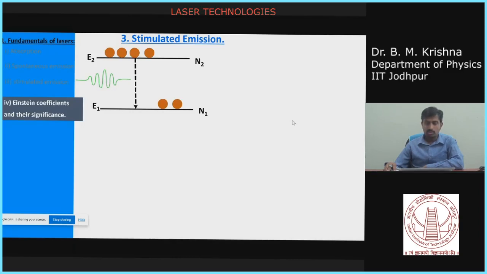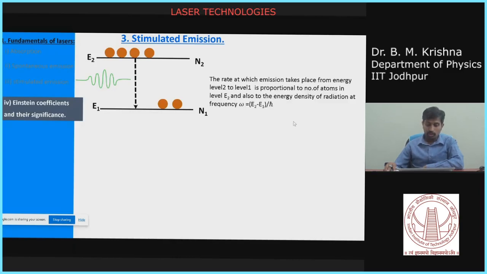And now the stimulated emission. Now we come to the external triggering, that is, a photon interacting with the atoms in the excited state E2. The rate at which emission takes place from energy level E2 to E1 is proportional to the number of atoms in the level E2 and also the energy density of the radiation at frequency omega, that equals E2 minus E1 by h cross.